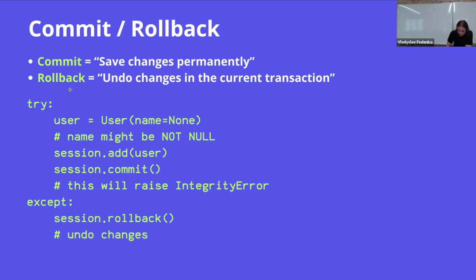We already talked about commit. For example, we can create our user. User is our model, so we're creating an object of our declarative model, a representation of our actual table. And also we have the add function.